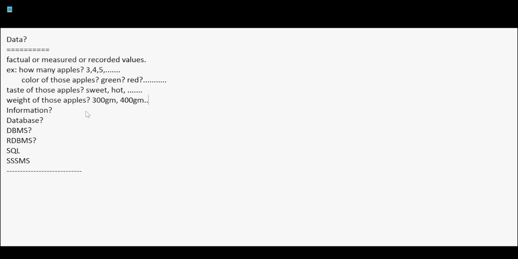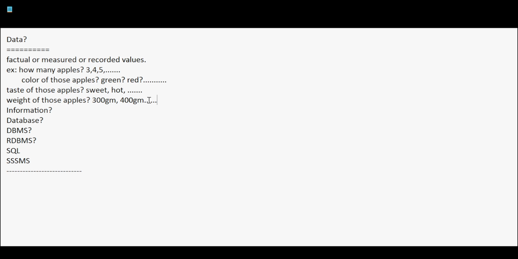This could be a number, right? And these two are measured values, and these two are recorded values, right? Now, these are called data, just data. I mean, just three, four, five, red, green, 400 gram, 300 gram, sweet and hot. All this comes under just data.